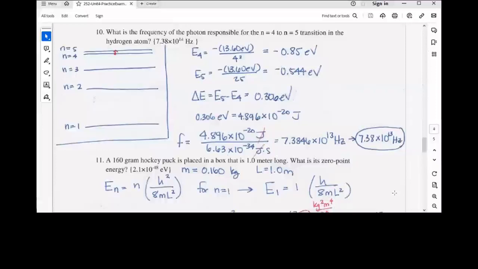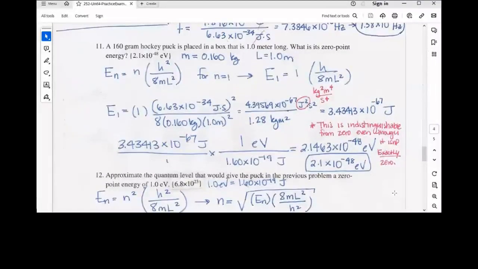And now I'm using Einstein's photon energy equation, E is equal to h times F. So that means that F has to be E divided by h. And that's how we end up with 7.38 times 10 to the 13 hertz.